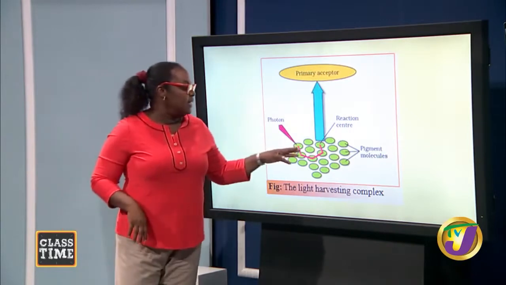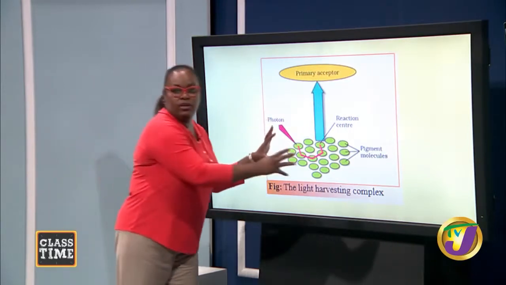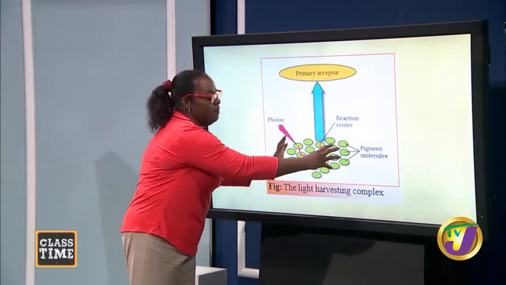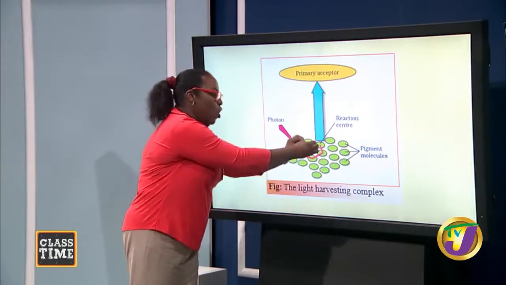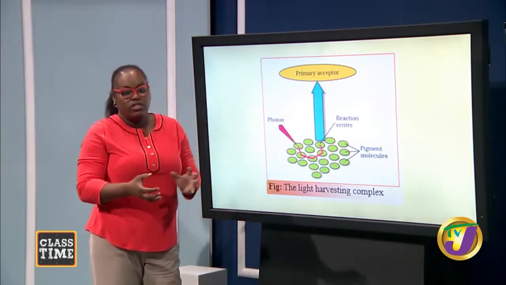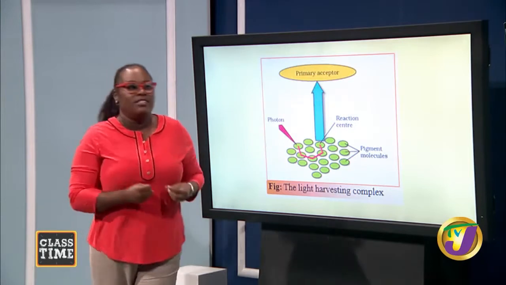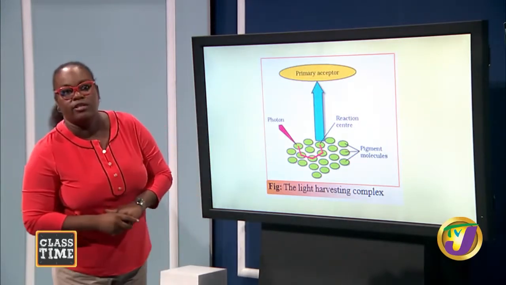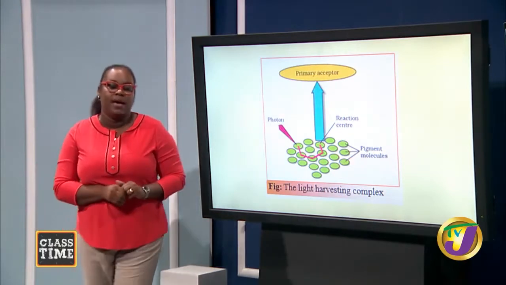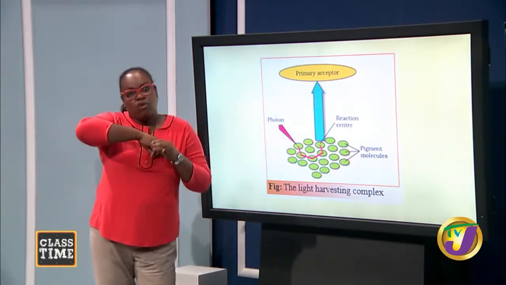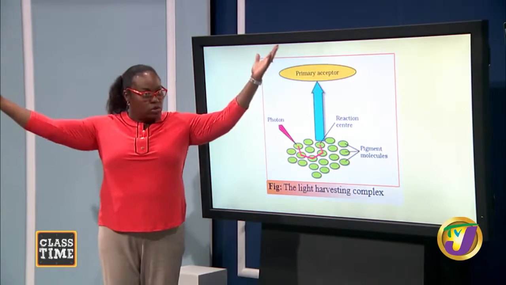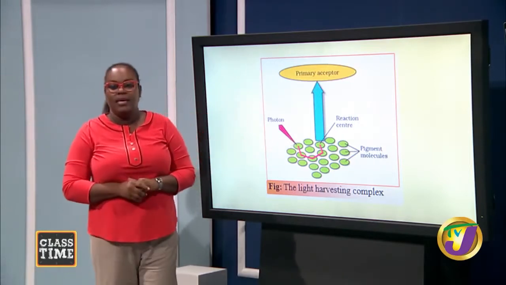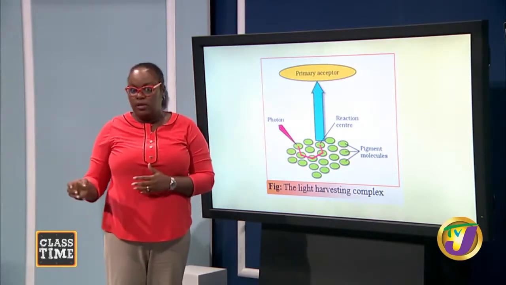But what happens is, when all of this energy from all the neighboring pigment molecules reaches the reaction center, it gets so excited that 2 electrons from that particular chlorophyll molecule get removed or jump out of the actual chlorophyll molecule.